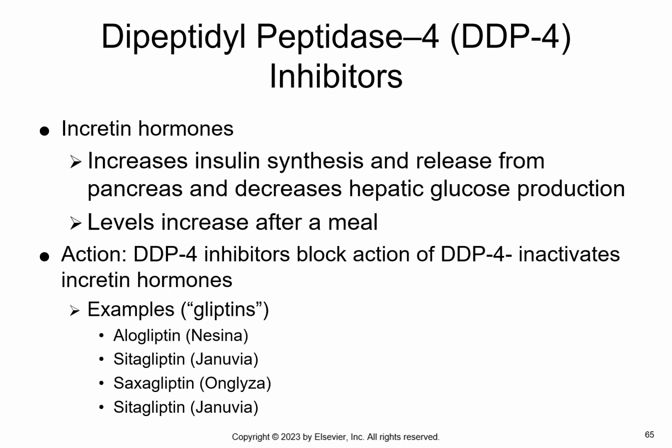DPP-4 inhibitors block the action of DPP-4, which inactivates incretin hormones. The result is an increase in insulin release, a decrease in glucagon secretion, and a decrease in liver glucose production. Since the DPP-4 inhibitors are glucose dependent, they have a lower potential for hypoglycemia. The main effect over other drugs with similar effects is the absence of weight gain as a side effect.